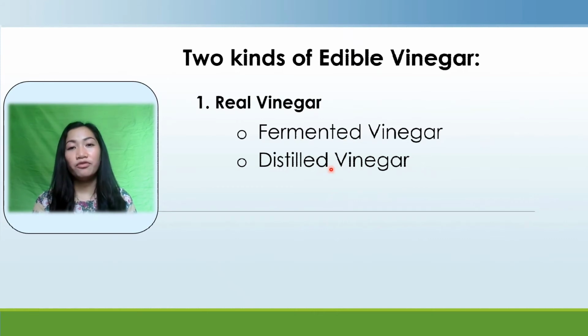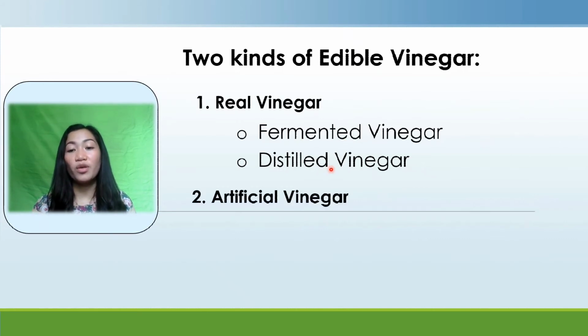We have also the artificial vinegar. Artificial vinegar can be made by diluting acetic acid with water, and this vinegar contains approximately 97% water and only 3% vinegar.